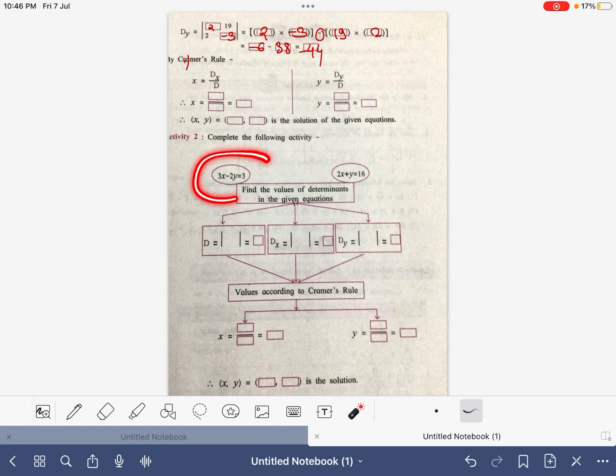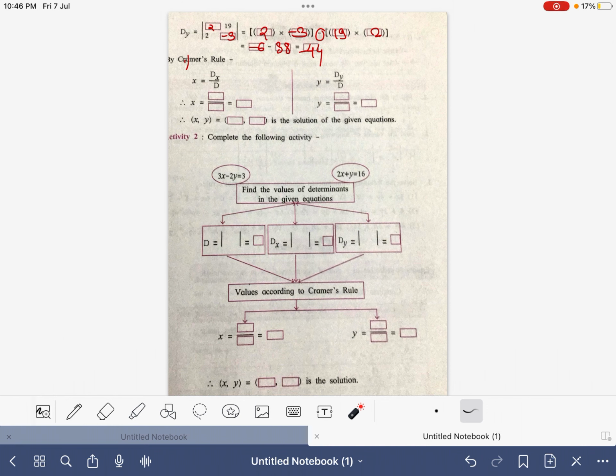Similarly, here is also the activity which is given to you, complete the following activity. So likewise what we have to do, just assume this is the first equation and this is the second equation. Now calculate the values of a1, a2, b1, b2, c1, c2. Now put the values in this determinant.